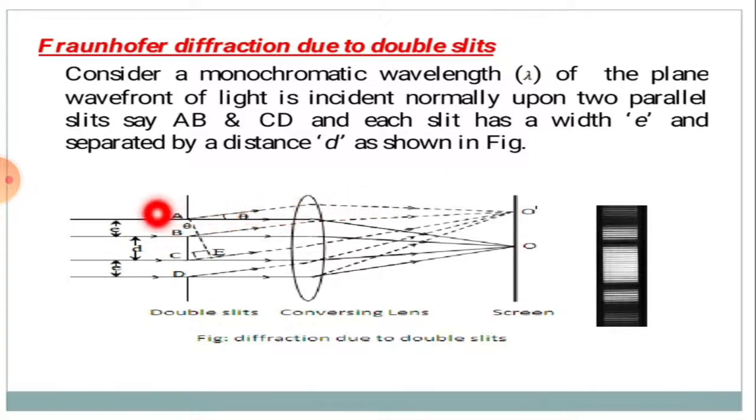That is, the source is placed at infinite distance from the slit, so that the wavefront reaching the slit and screen can be considered as a plane wave. That is, an extended source is used in case of Fraunhofer diffraction, placed at infinite distance from the slit.